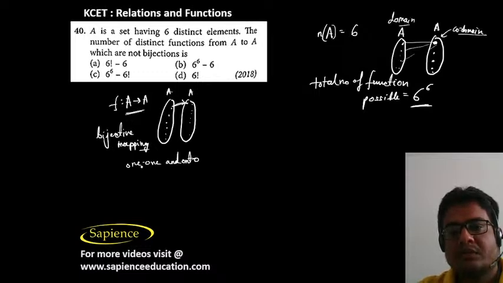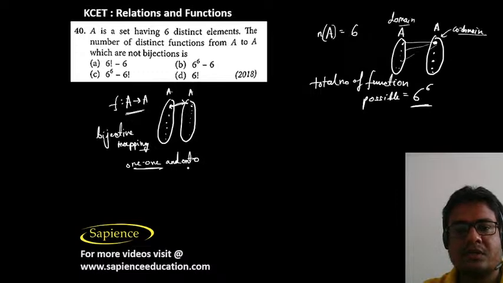We know that if it is 1 1, it will be automatically onto, since there are 6 elements in set A, and we should map with 6 elements in the set A itself. So we have to find how many injective functions can be made.